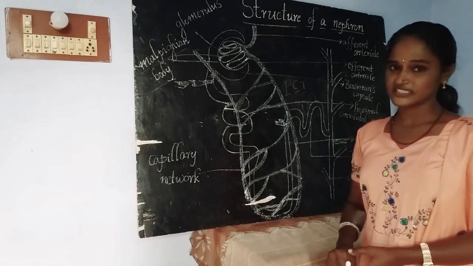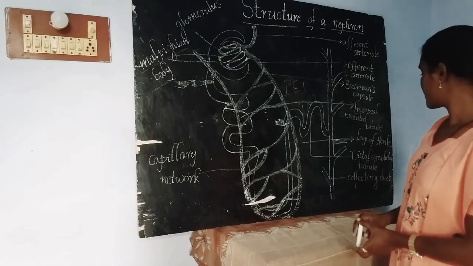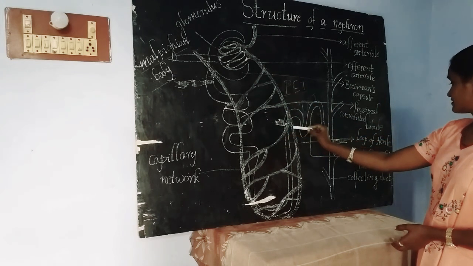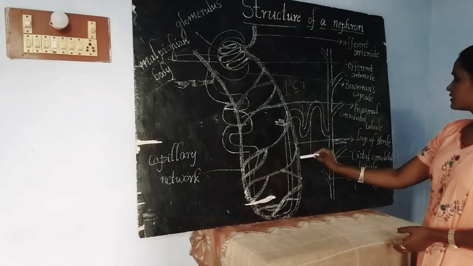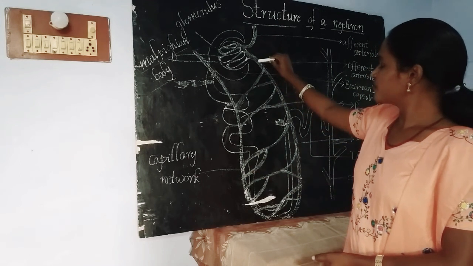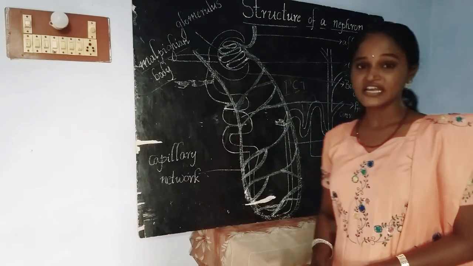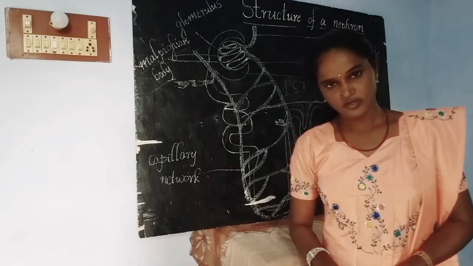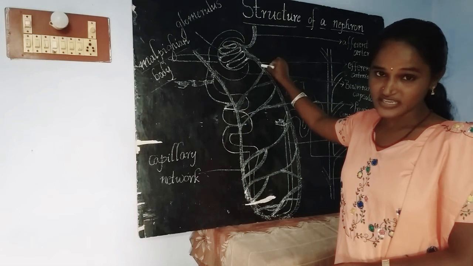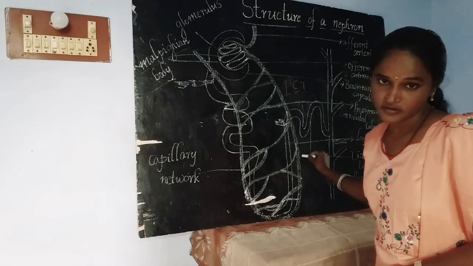Here, one more important point is the peritubular network, or capillary network. It is formed from the efferent arteriole. The efferent arteriole forms branches, and these branches cover all the parts of the nephron.